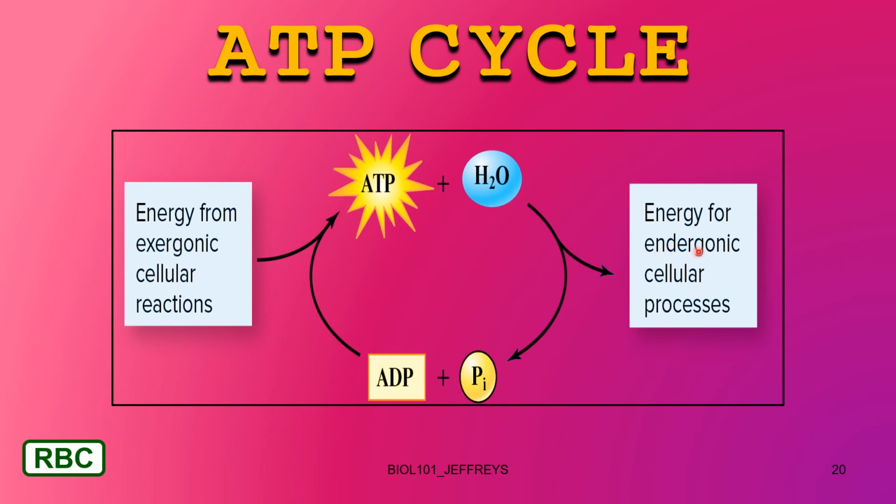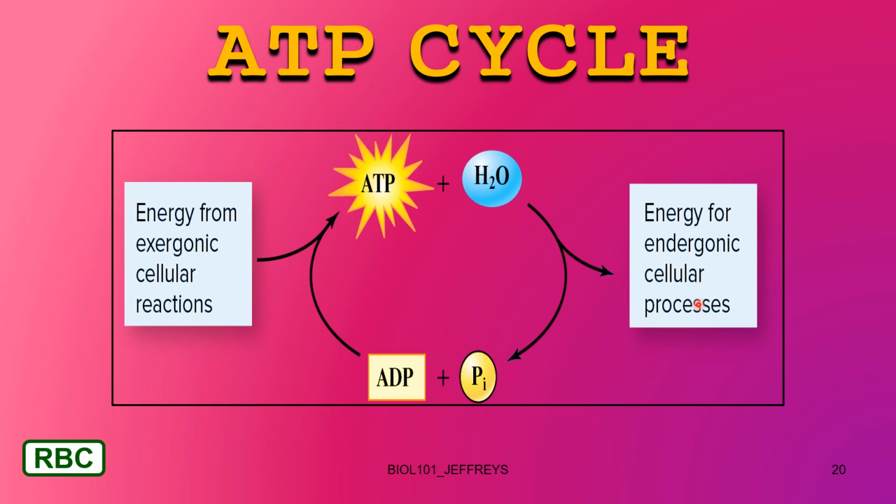This is energy for endergonic cellular processes, the energy release so that you can drive an endergonic reaction, a reaction that requires energy. For example, active transport. Remember we talked about active transport.